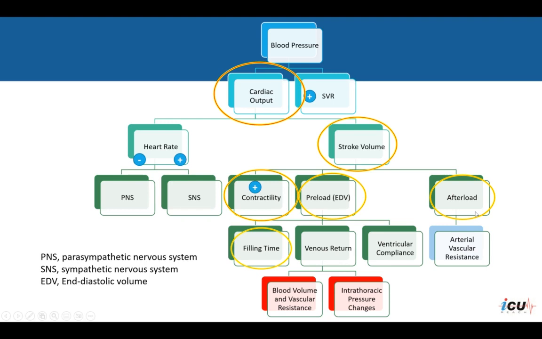So in any hemodynamic monitoring device, we would be looking to have parameters that give me information to know what's the preload, what is the contractility, what's the afterload by looking at the systemic vascular resistance, and what is the stroke volume.